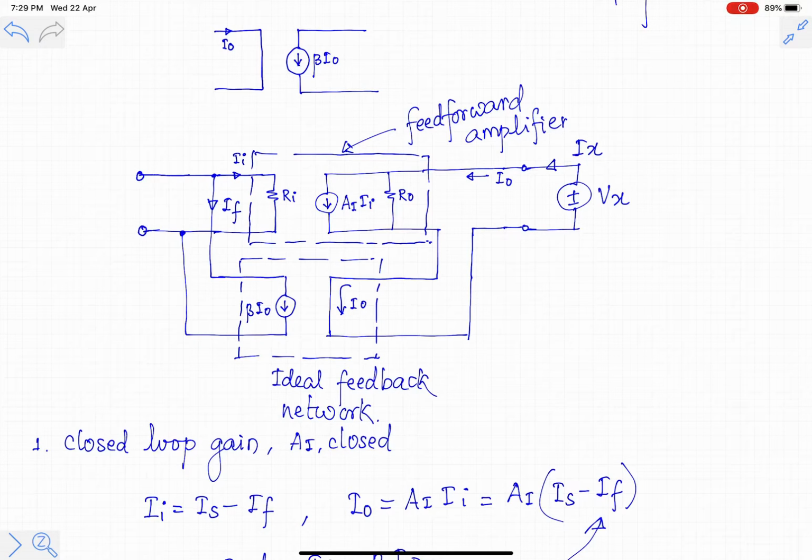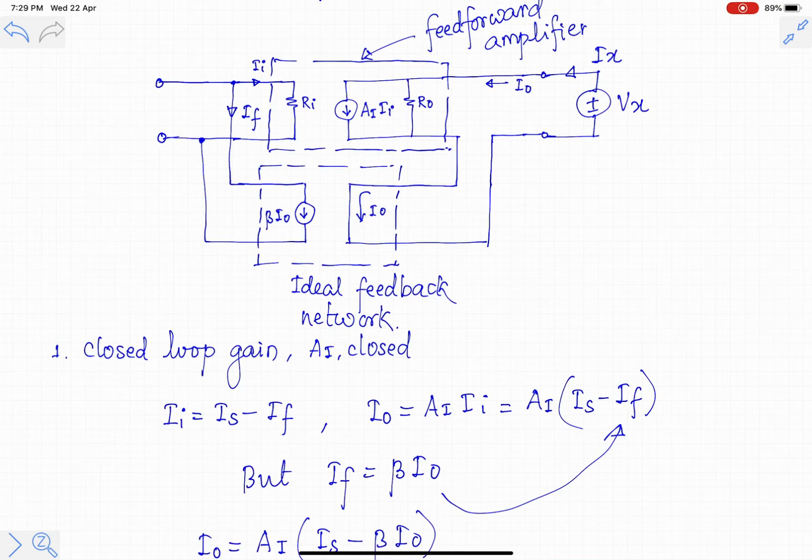Because of this, II is equal to minus If. So if we get the ratio of Vx by Ix in this case, we will be able to find the output impedance. Now we can see that the voltage across RO is Vx.